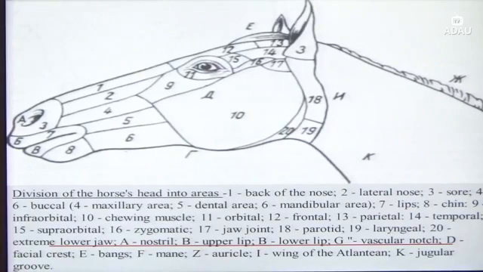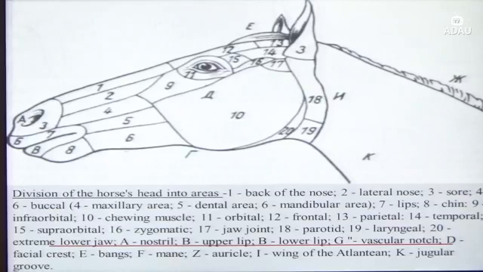Division of the horse's head into areas. Here we can see the back of the nose. This is the back of the horse, as in cattle, and this is the chewing muscle, and this is the jugular groove, atlas, and lower lip, upper lip, nostrils, and buccal nerves, maxillary nerves, mandibular nerves.